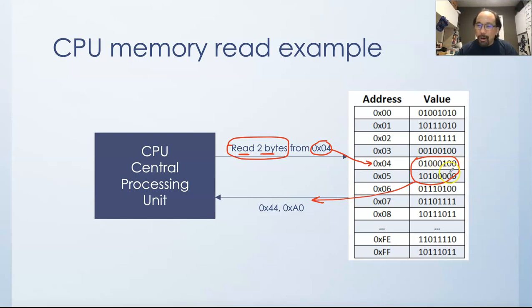You notice how on the right hand side I have it written in binary just to mix it up, but then I returned it and wrote it as hex. You see how I break it up into 4-bit chunks, which in this case is 44. And in this other case, for this other byte, we have A and we have 0.